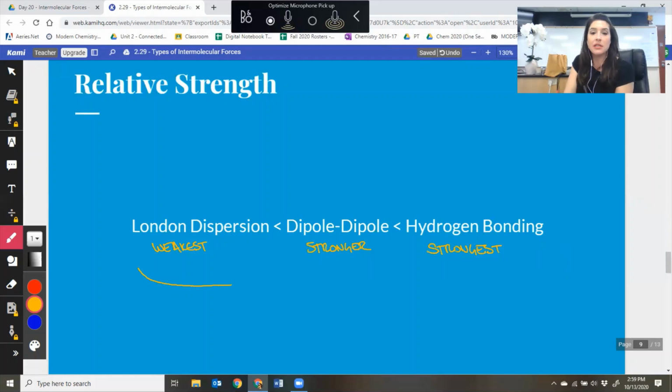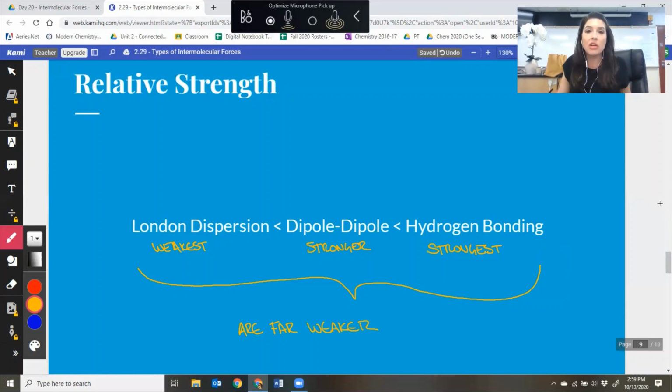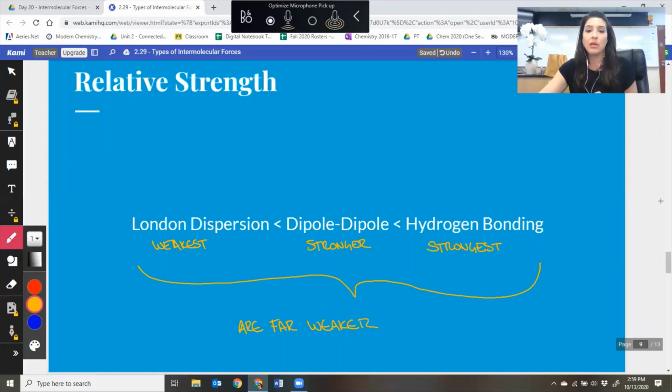All of these types of intermolecular forces are far weaker than chemical bonding. It doesn't take a tremendous amount of energy to separate a solid, but it does take a tremendous amount of energy to separate a bond. So all of these intermolecular forces are much, much weaker than chemical bonds. So we're talking about something completely different than chemical bonding now.